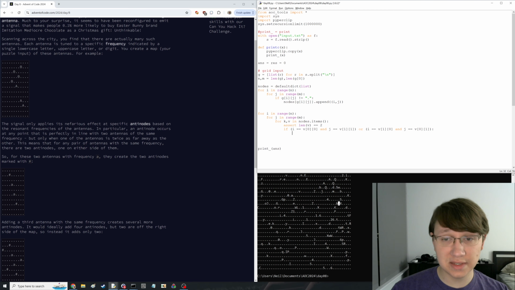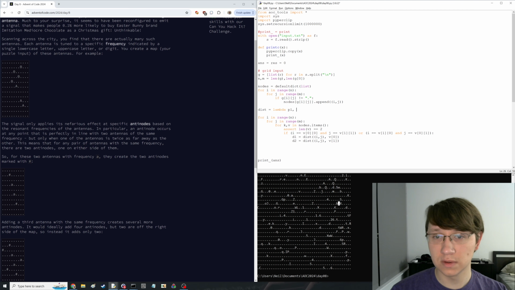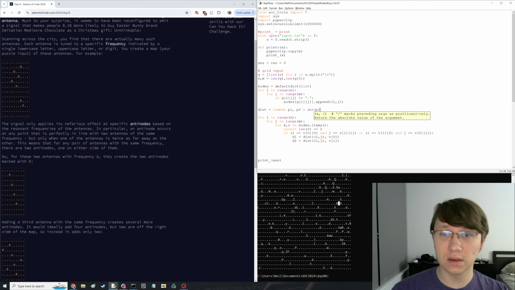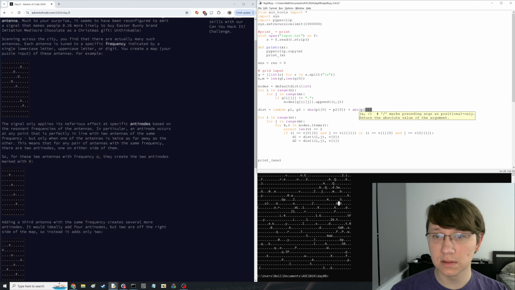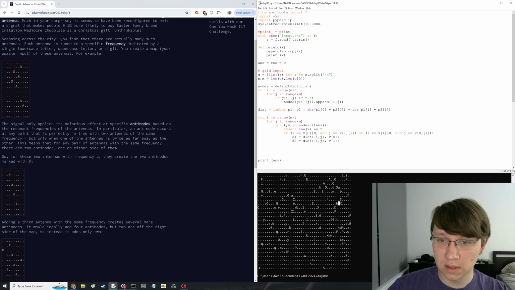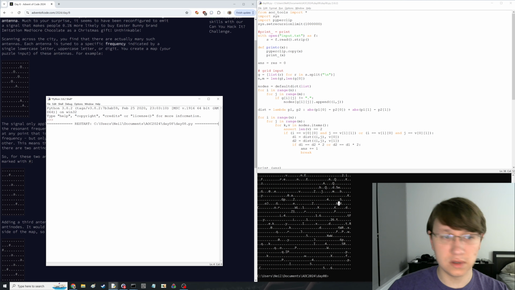Then we check the distance from ij to v0. I'll write that function now. I'll write L1 distance. If d1 equals d2 times 2, or d2 equals d1 times 2, hopefully that works.